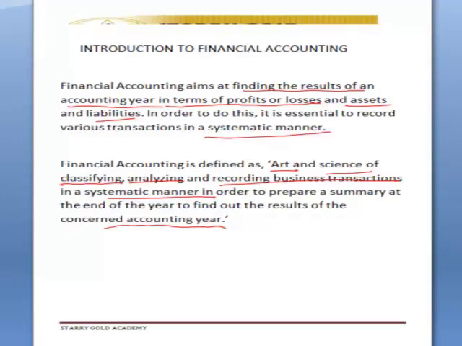So, accounting is just a process of recording, classifying, selecting, measuring, interpreting, and communicating the financial data of an organization to enable users to make decisions. That is what we call accounting.